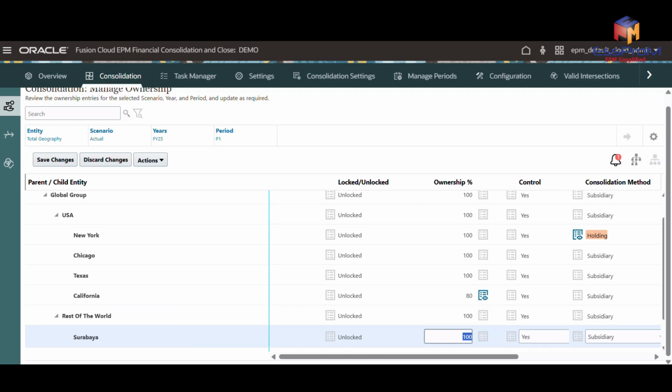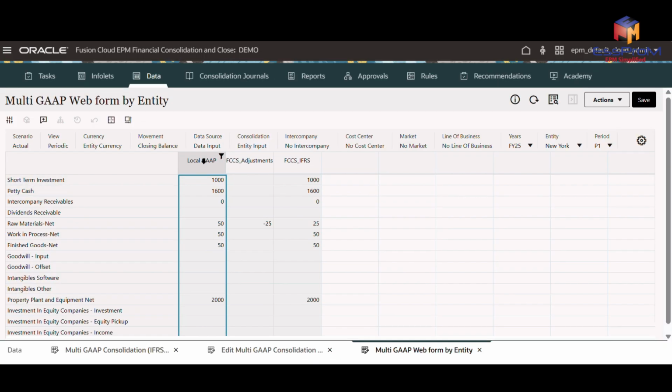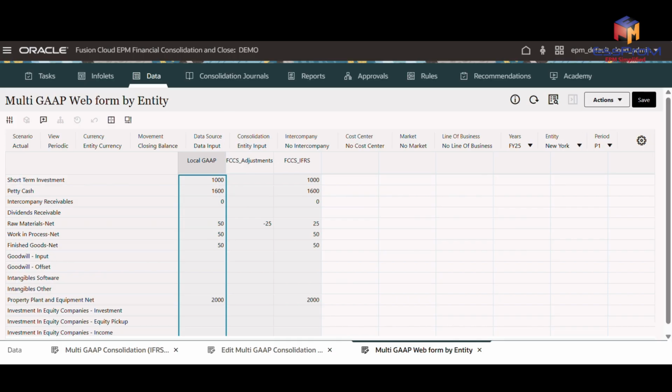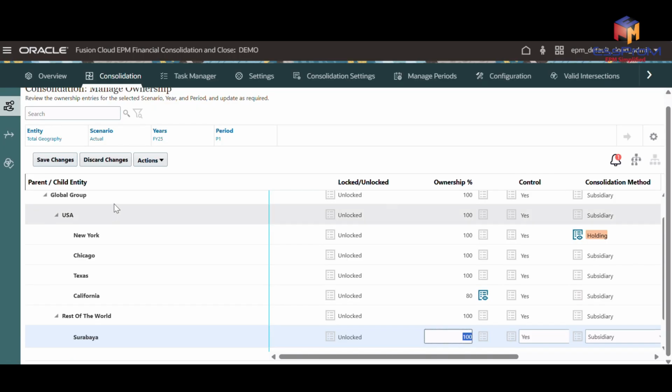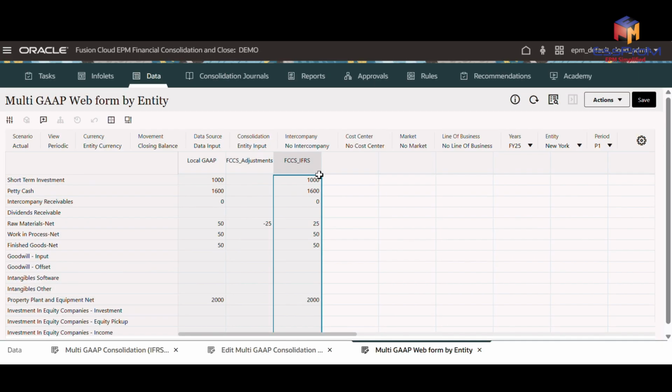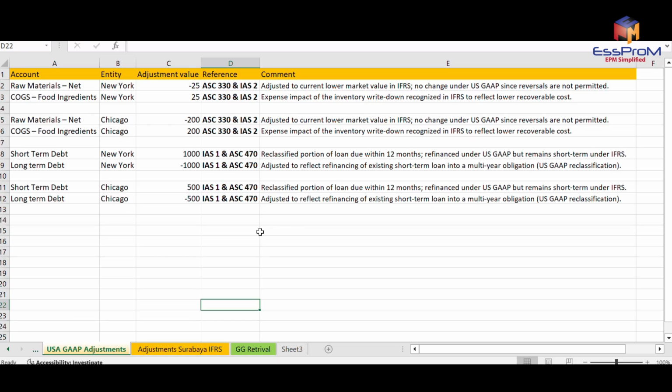Now, as you can see, we have loaded the trial balance for New York under local GAAP and the same for Surabaya and Chicago. Here Global Group reports in IFRS. That is why we have to make adjustments to make it compatible with IFRS. And now, let us see the scenarios where we have made the adjustments to convert this local GAAP into IFRS.